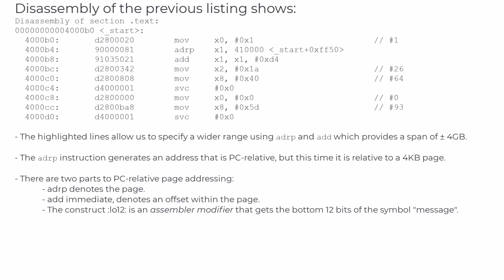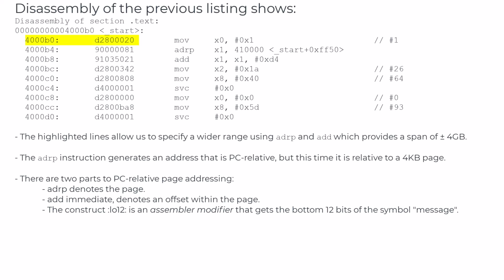Now, if we disassemble the previous listing, you can see as part of the ADRP x1 instruction this value 410000, and then we get information stating _start plus hex FF50. We will discuss this latter part shortly. The program counter's value at _start is hex 4000B0.